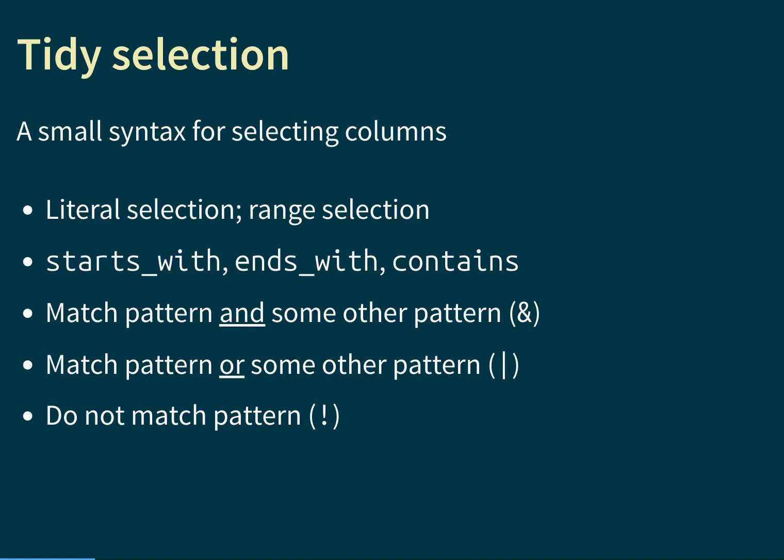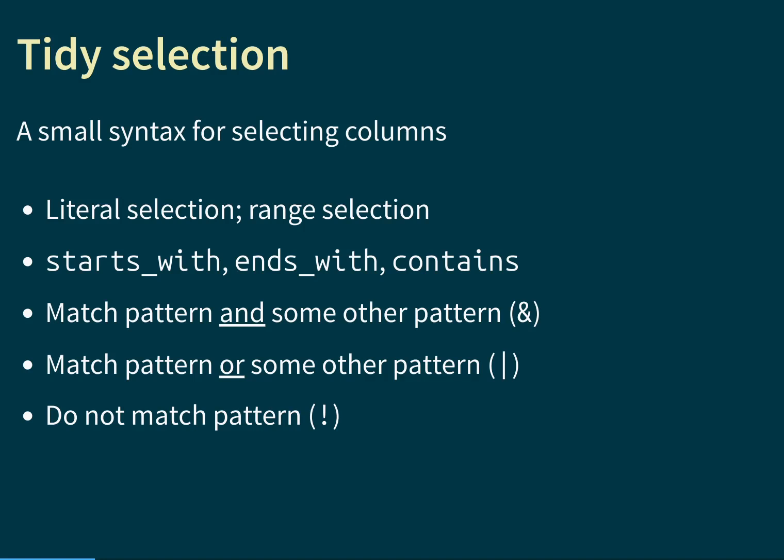Then we're going to be taking a look at starts with, ends with, and contains. Those 3 are helper functions that allow us to try to choose columns that either begin with some character string, end with some character string, or contain a character string inside them anywhere. Then we will be learning about the and the or patterns.